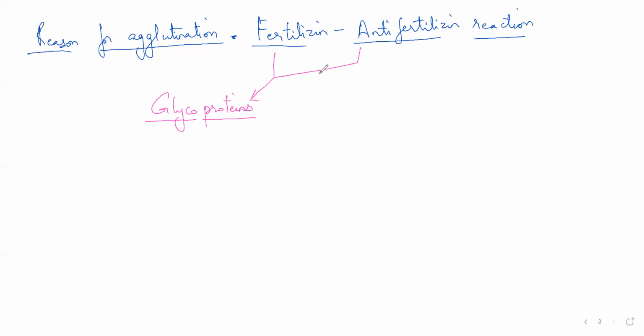Okay. The fertilization is present on the egg surface. Fertilization is related with the egg. Anti-fertilization is related with the surface of the sperm.